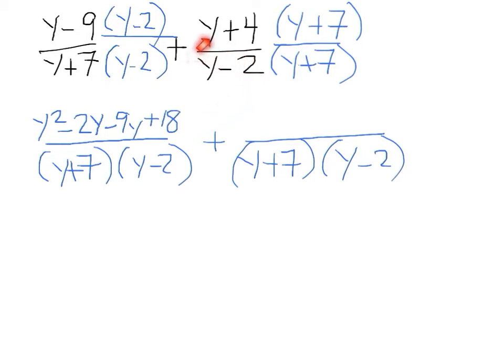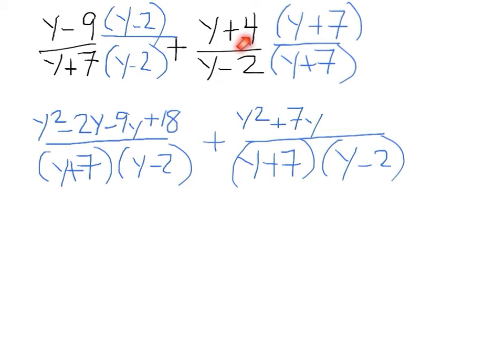Now it's over here. Y times these two, and then 4 times these two. So, y times y is y squared. Y times 7 is 7y. Y squared plus 7y.